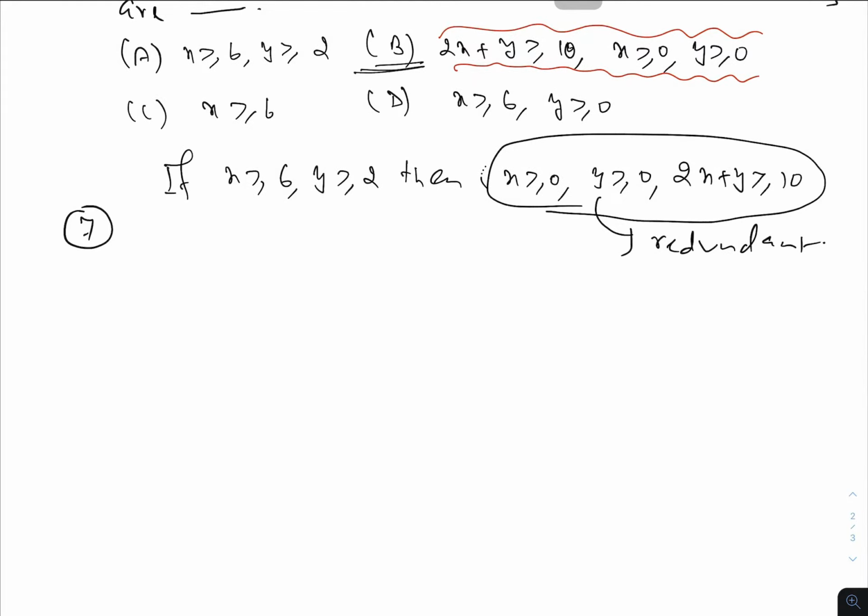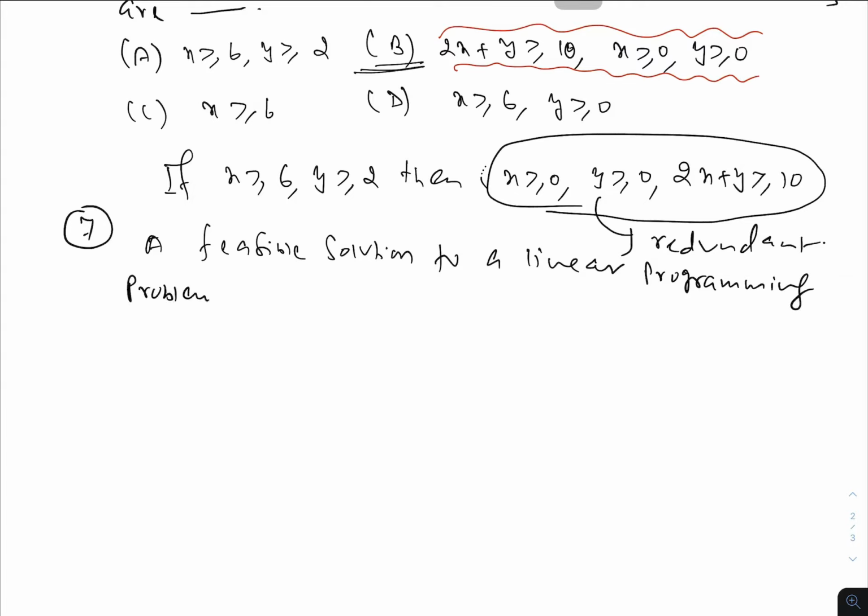One more. Here you are given like this: a feasible solution to a linear programming problem is blank.